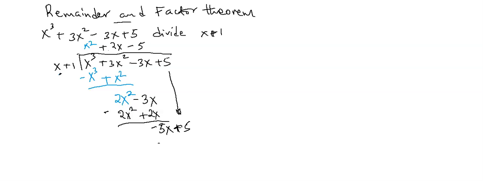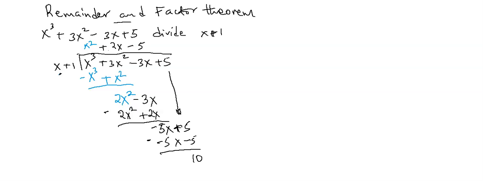So minus 5 times x minus 5x, minus 5 times 1 minus 5. So if we subtract, minus 5x minus 5x is 0, 5 minus 5 is 10.